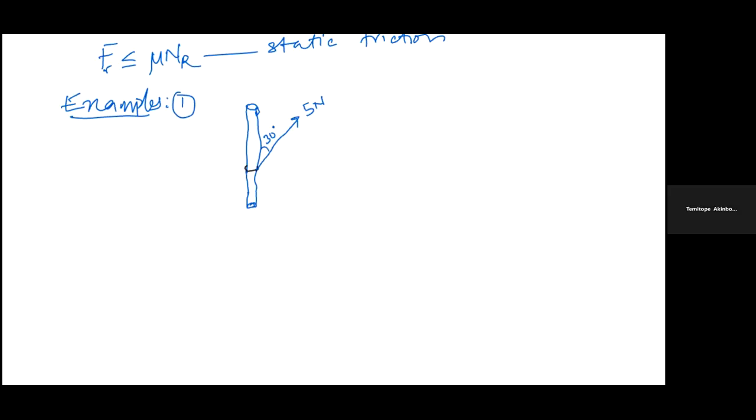A small ring of mass 0.6 kilogram is threaded on a rough rod which is fixed vertically. Full stop.